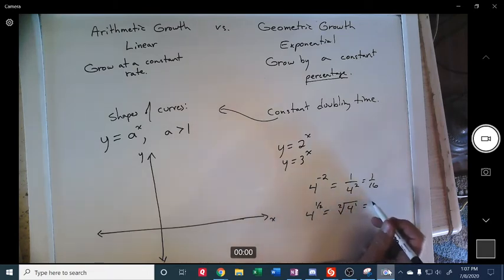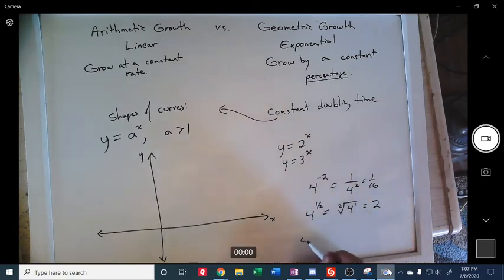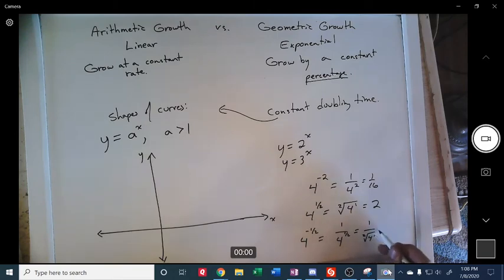Square root of 4, which is 2. 4 to the negative 1/2 power, combine them together. Do the negative exponent first. Negative exponent means bring it to the denominator. 1 over the square root of 4 to the first, so it would be 1/2.